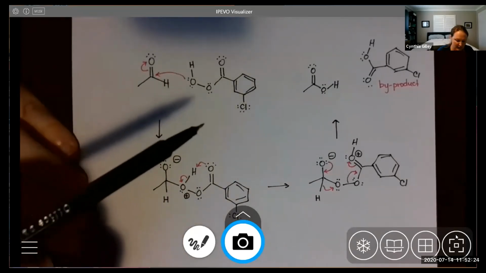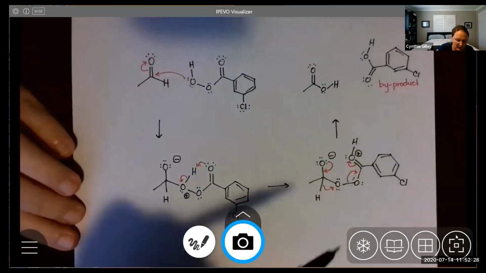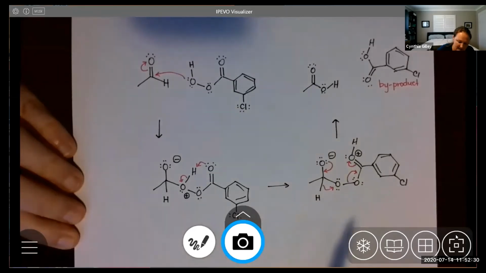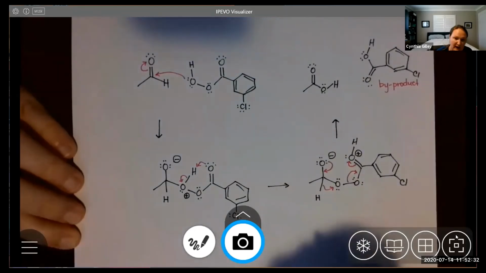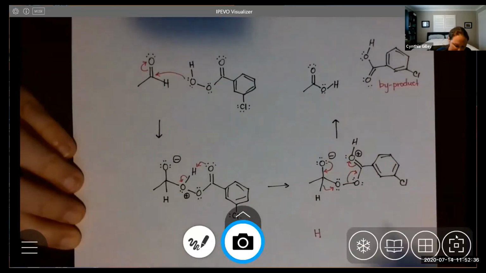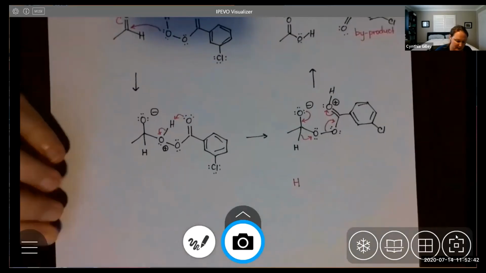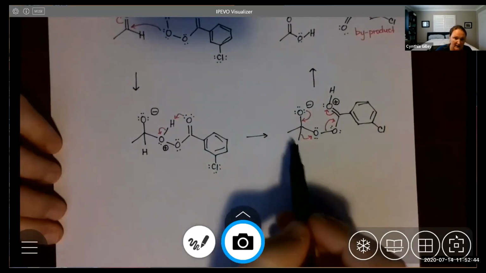So the hardest part is seeing this shift, and which group migrates. So it's remembering the migratory aptitude: the hydrogen migrates fastest. So that's why we chose to shift the hydride and not the methyl. But let's say it was two different groups.